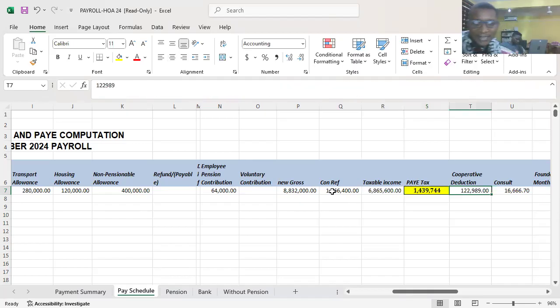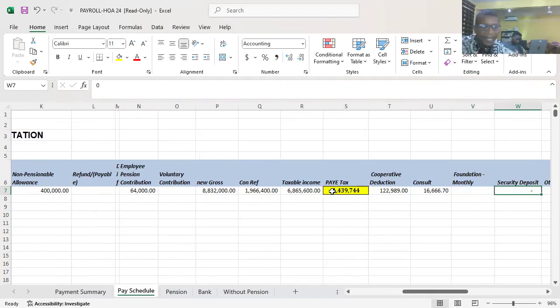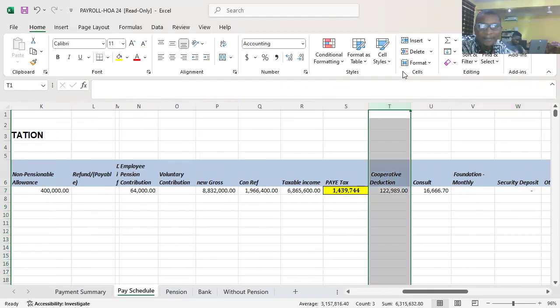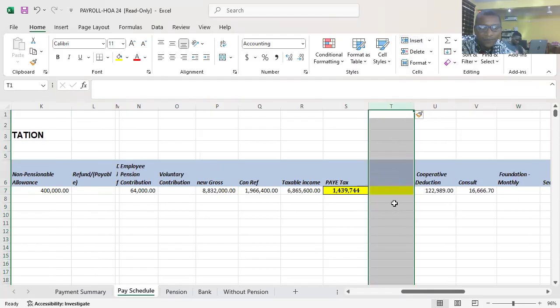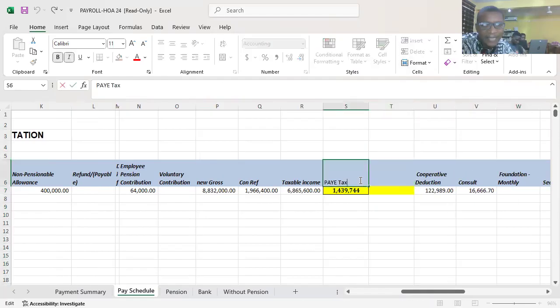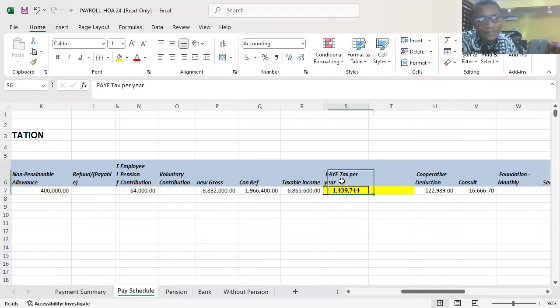So if this is tax for the year, I can create another space here to say tax per year. Okay, it has been written there already. So let's just say tax per year. Then we can have the same thing as tax per month.